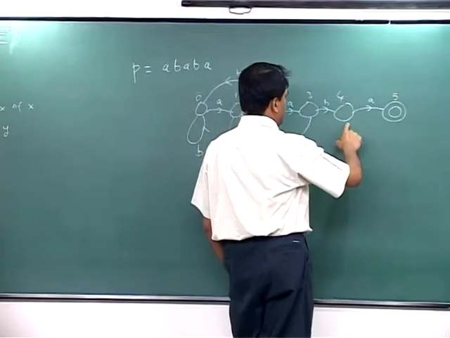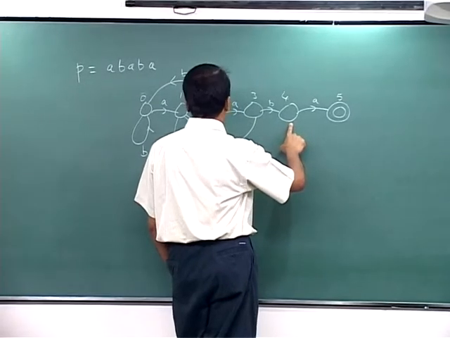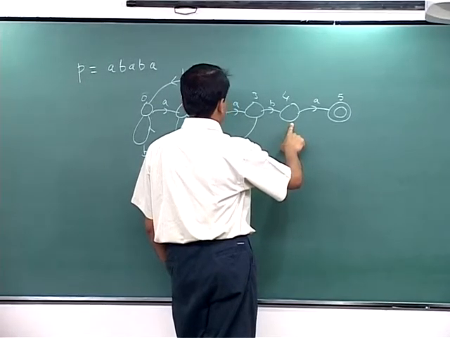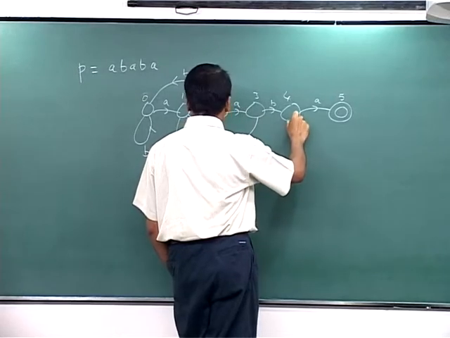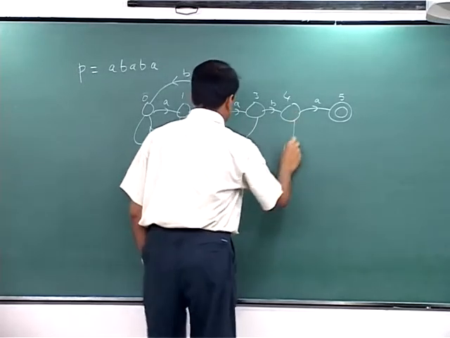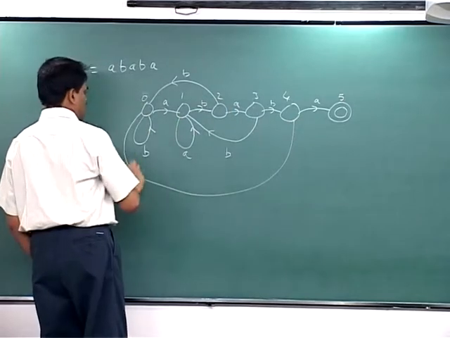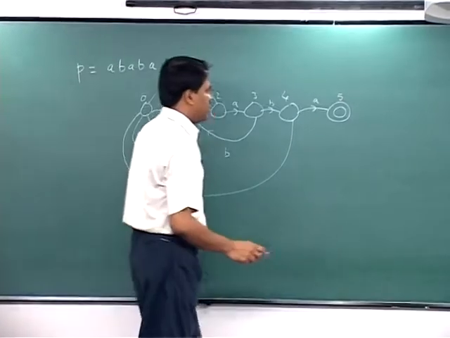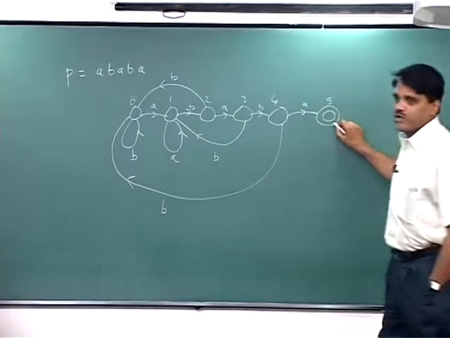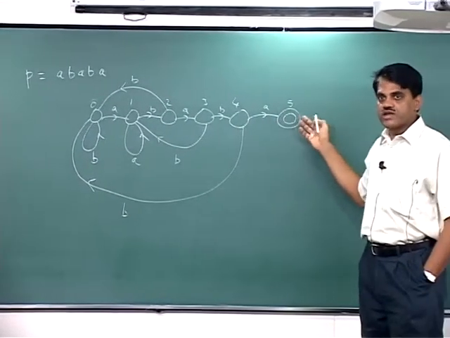And when you see a B here, it's ABABB I am seeing. I go all the way to the beginning, right? And I don't stop here because I am going to capture all occurrences of the pattern.